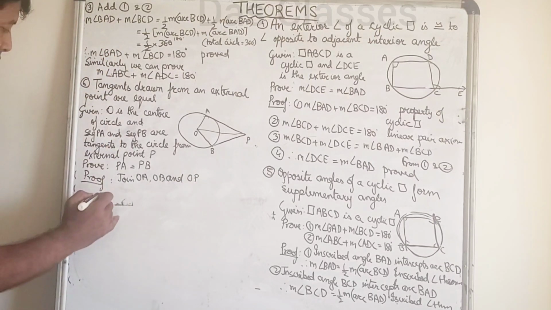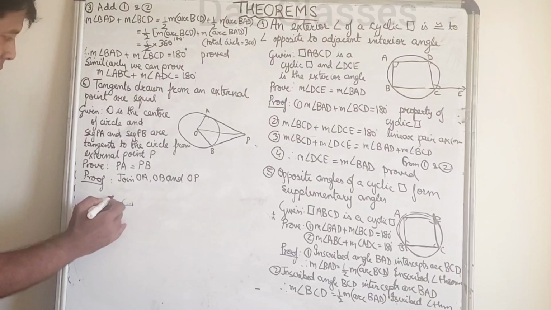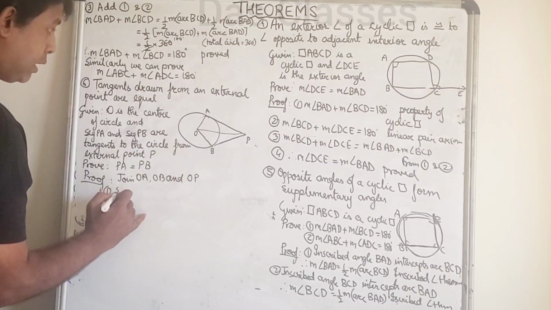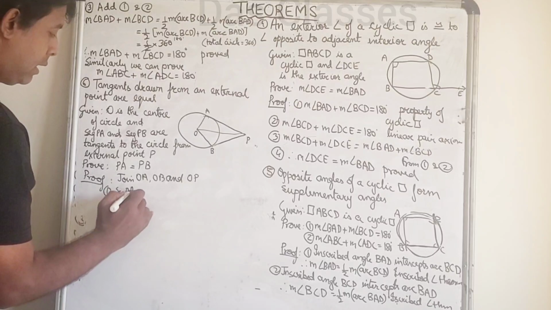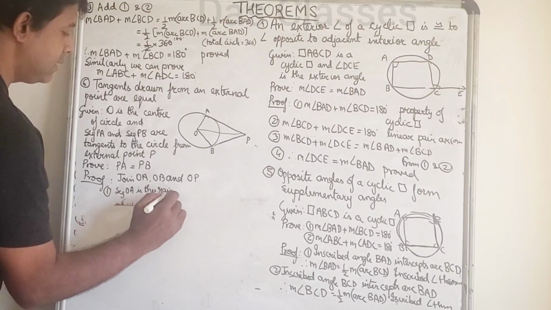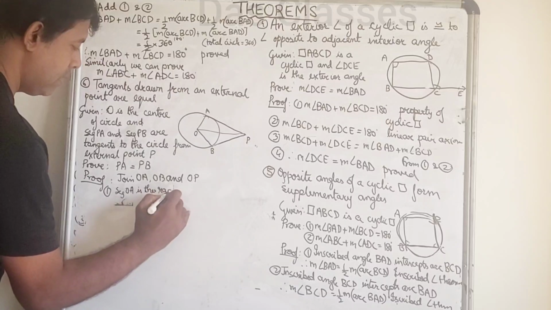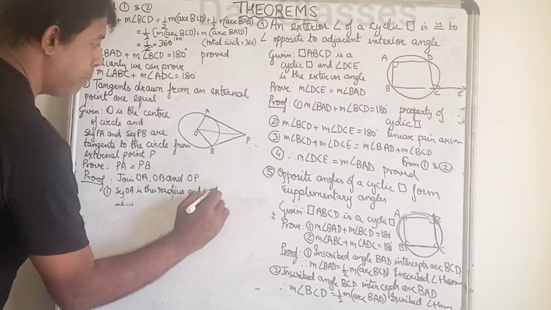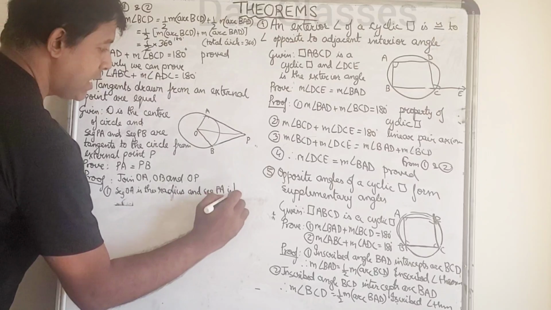Now first of all, first statement, see segment OA is the radius and segment PA is tangent.